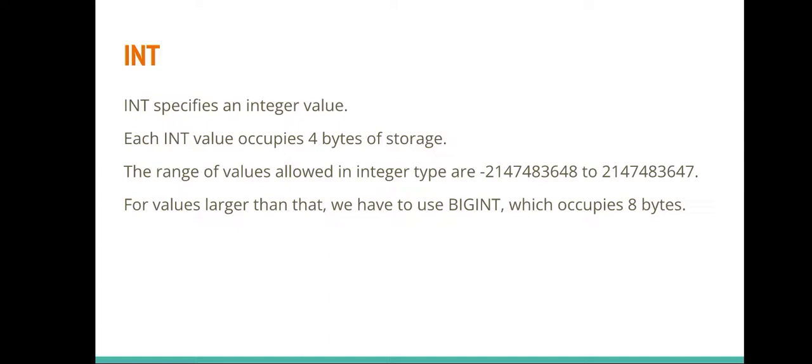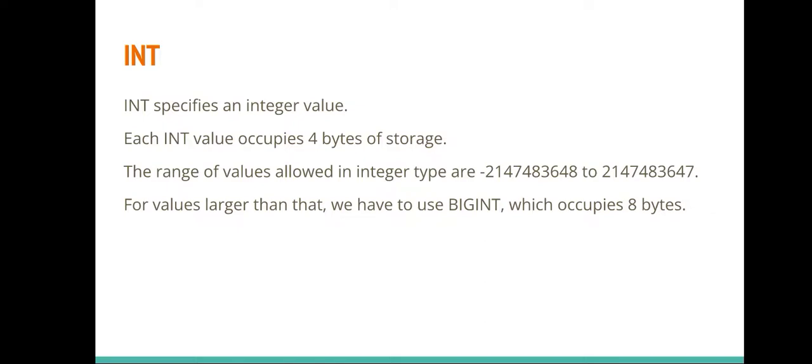So using integer data type we can store mostly all the integer values that we want to store. But if we want to store values other than this range, then we can use the bigint data type that can store values larger than this range.